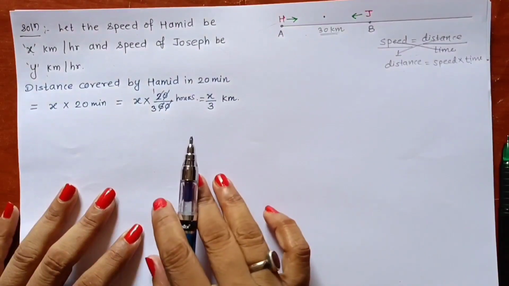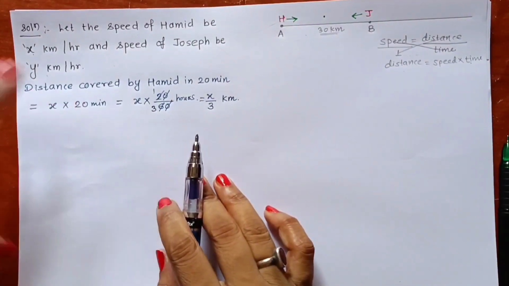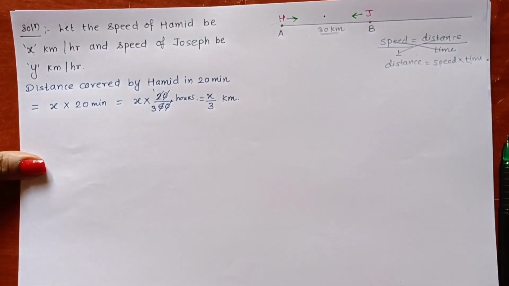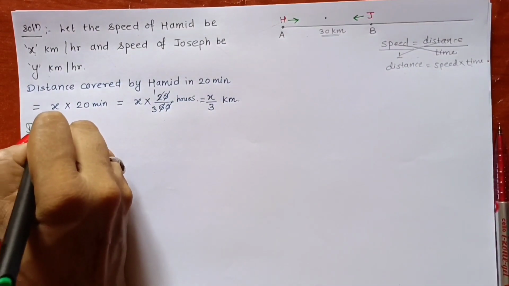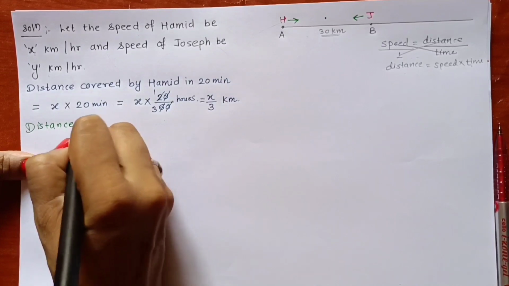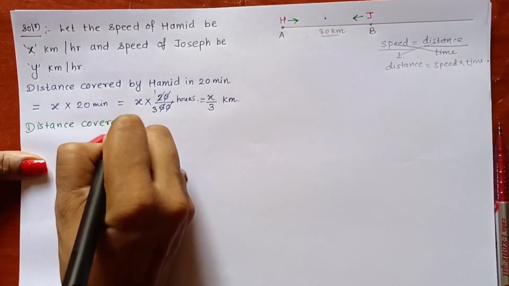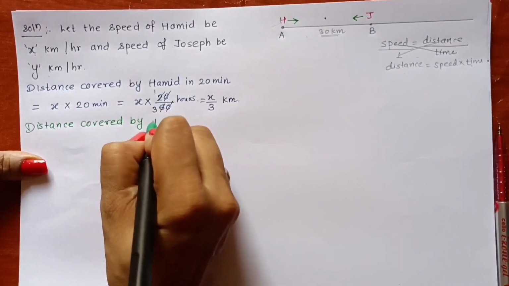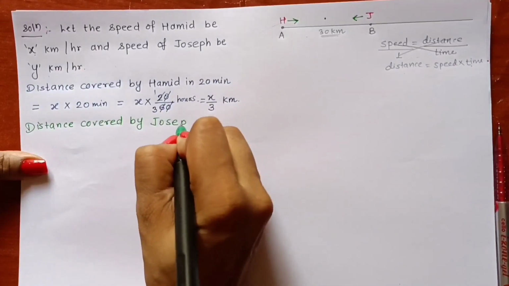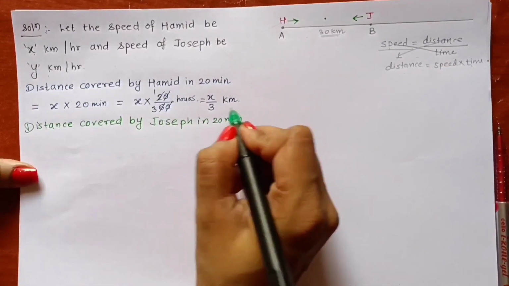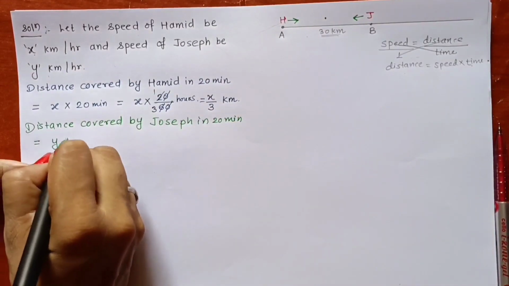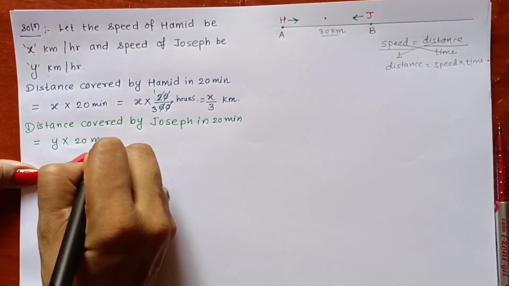Now we have to find the distance covered by Joseph in 20 minutes. In the same way, it is y into 20 minutes.